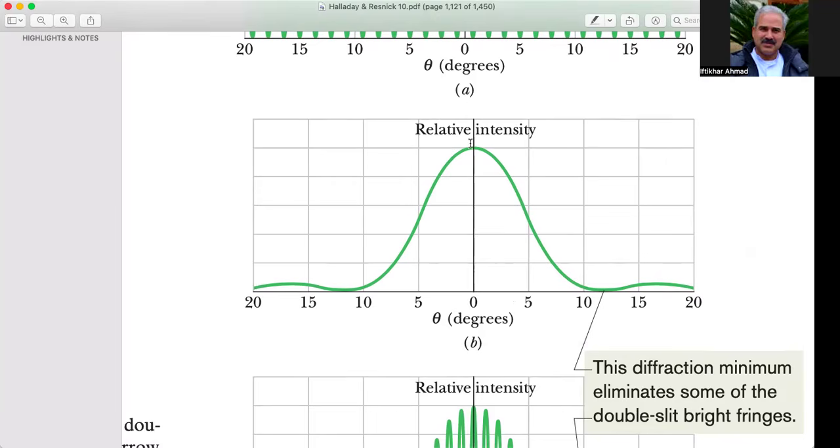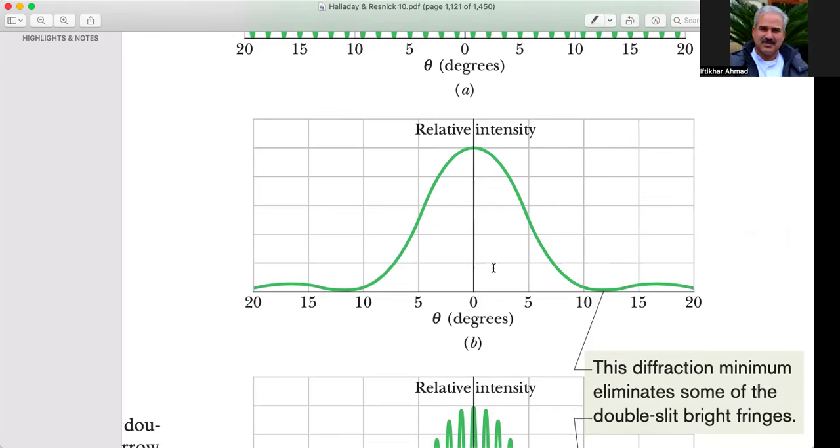This is a single slit diffraction. So single slit diffraction from one, then single slit diffraction from the other, will be the same, but the position will be a little bit different. One will be to the left and the other one to the right.